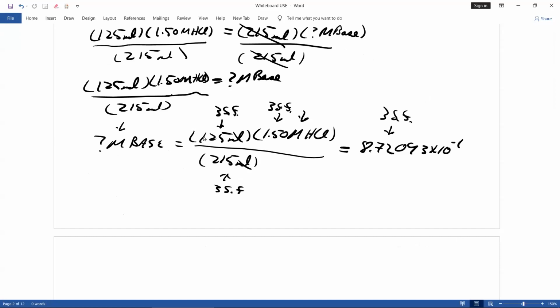And the answer is, keep the 8, keep the 7, keep the 2, use the 0 to round off. That's 4 or less. I drop this. So the correct answer is the molarity of the unknown base, sodium hydroxide, and I should have put here, up here, NaOH.